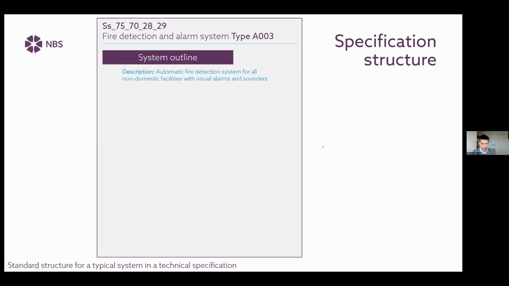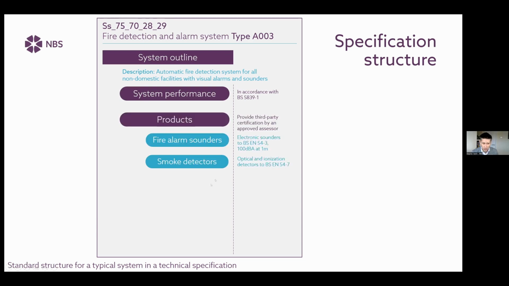And then in that specification, even if you just consider it as a bit of paper or the PDF that comes out of the spec writing software, a section in the specification for each system gives an outline, a table of contents into what the system is, and then what the performance is. If you think of the overall system, so if it was something like a partition, what's the overall fire performance, acoustic performance, security performance, in a standard subsection of the spec.